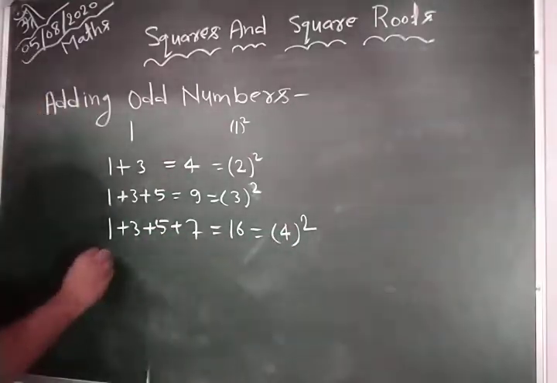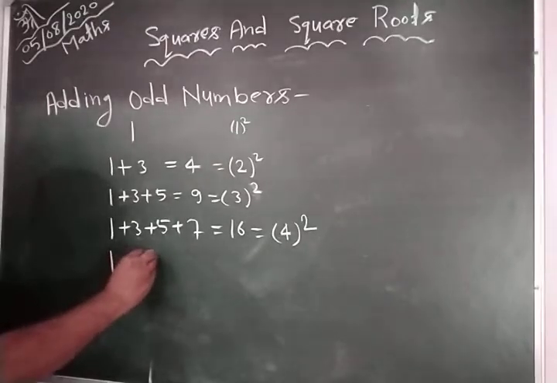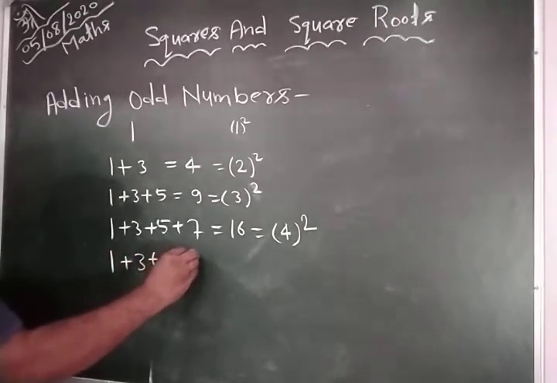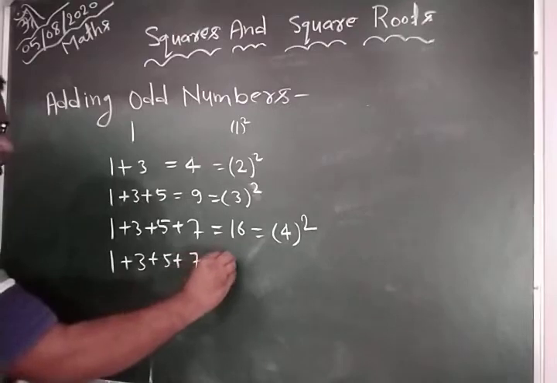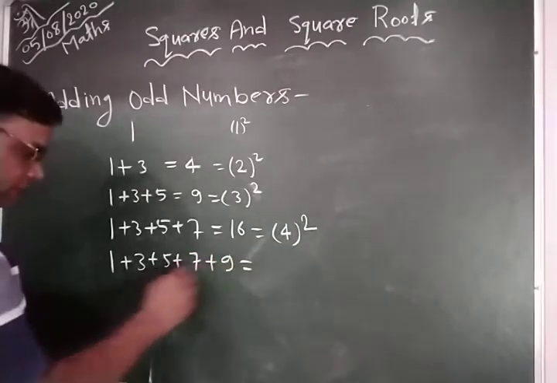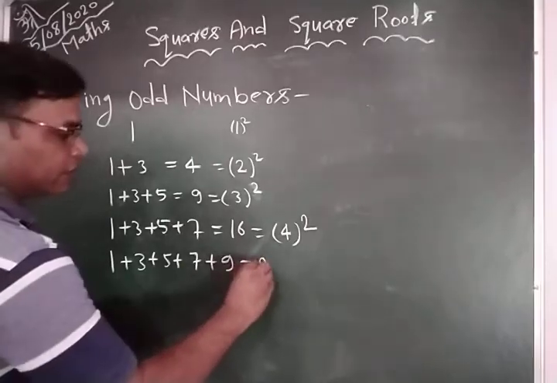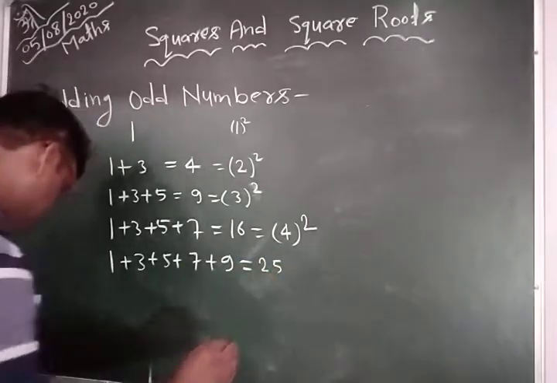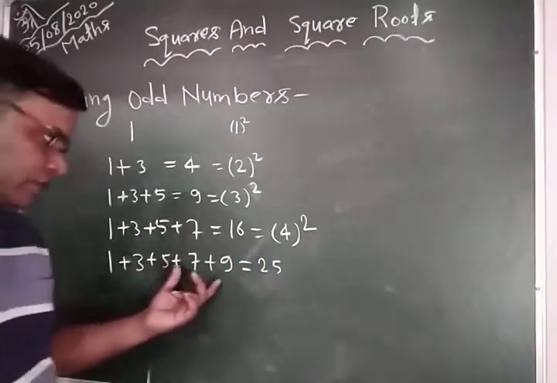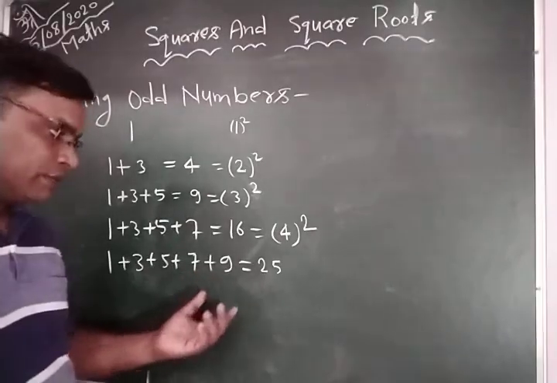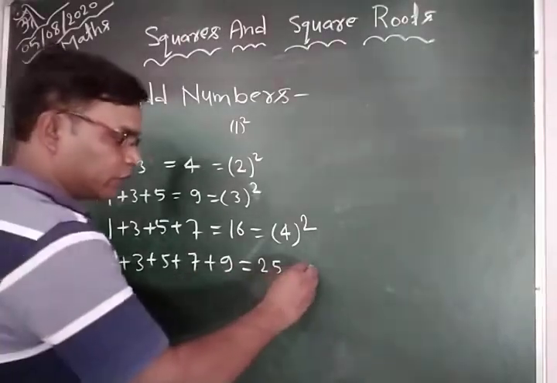And 1 plus 3 plus 5 plus 7 plus 9. The sum of the first five odd numbers is 25. This is equal to the square of 5.